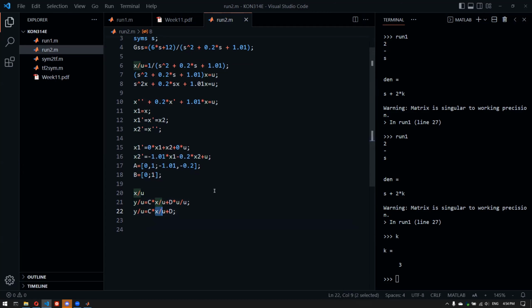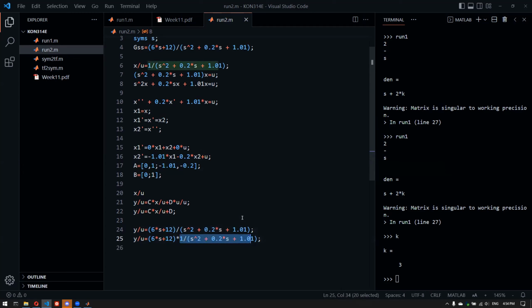Because I have now the x divided by u part, what I need to do is come up with C and D matrices, and then my transfer function will be complete. Now, I can see that this portion here, which is the transfer function itself, y divided by u equals this, basically consists of this times 1 divided by this.